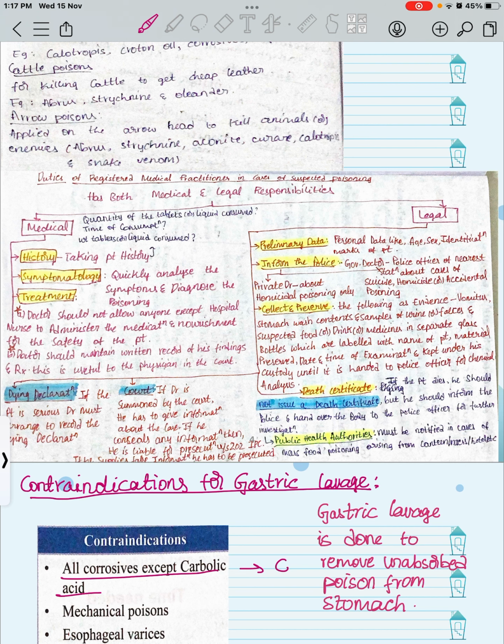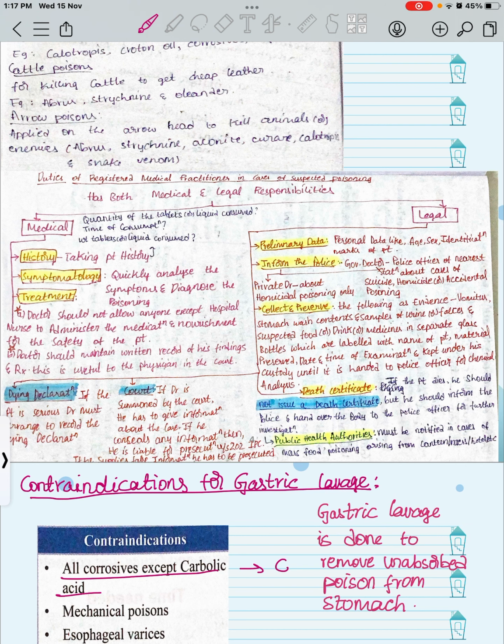Any kind of poison, if he is a government doctor, he should inform the police officer of the nearest police station. Whereas for a private doctor, there is no necessity. He or she should inform only if it is a homicidal poisoning.